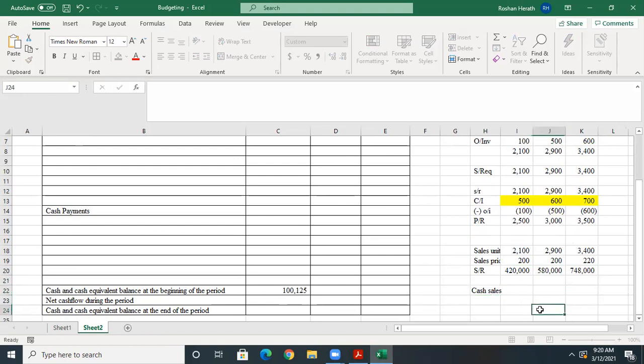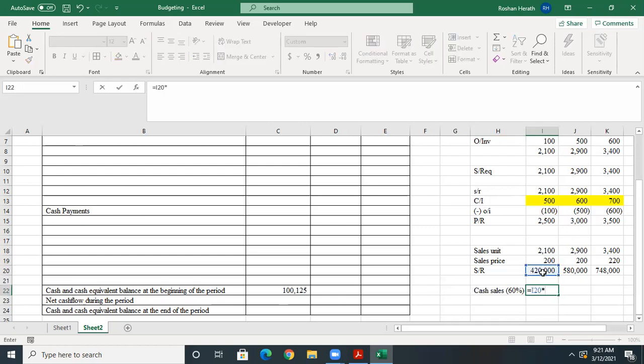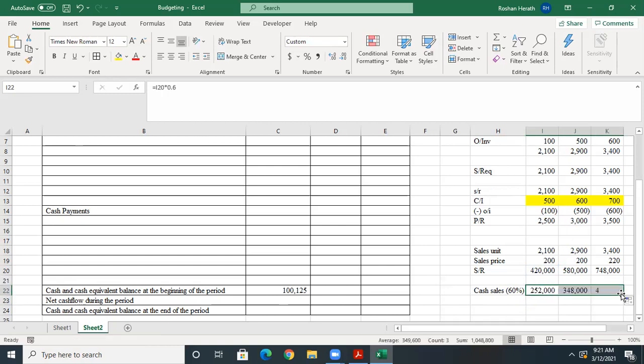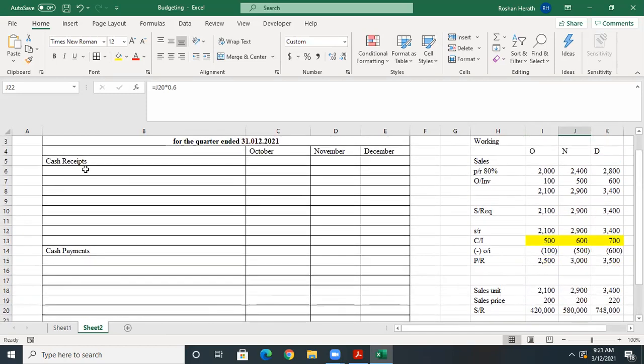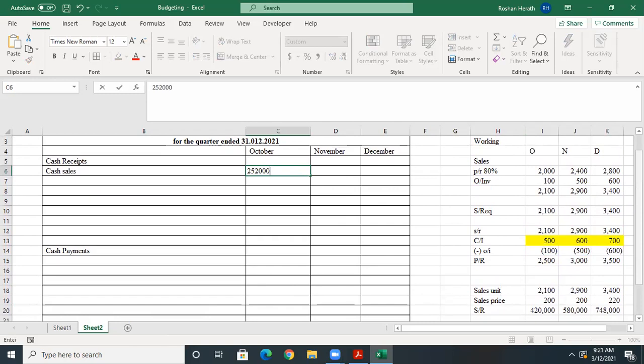You can see the cash sales, 60% from that. Then we can get the cash sales very easily: 252,000, 348,000, 448,800. First the cash sales were 252,000.